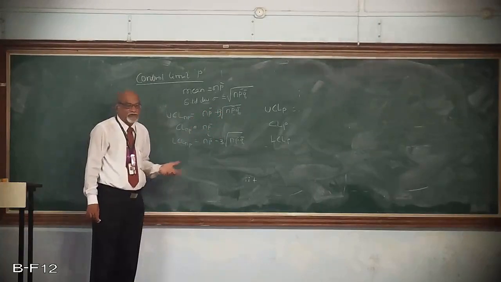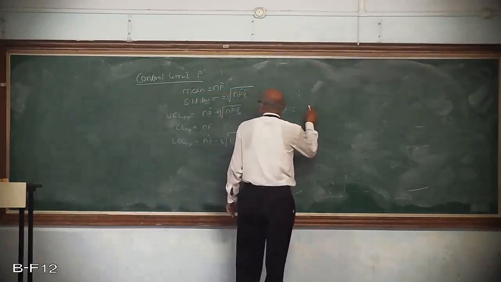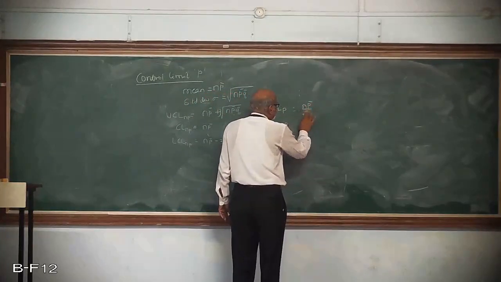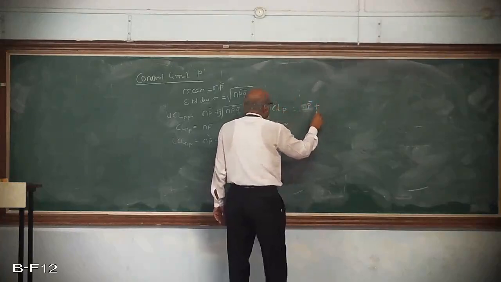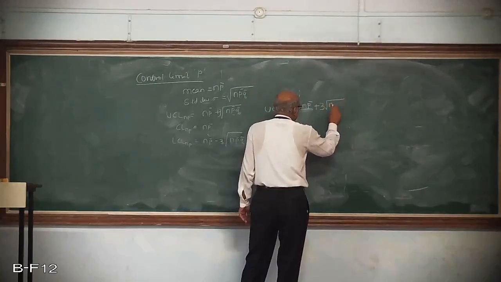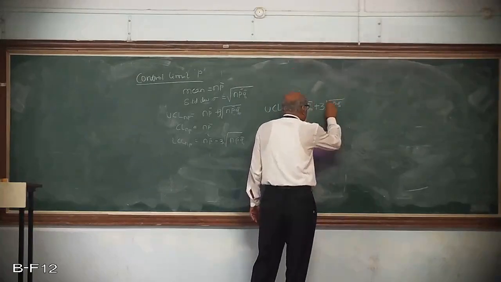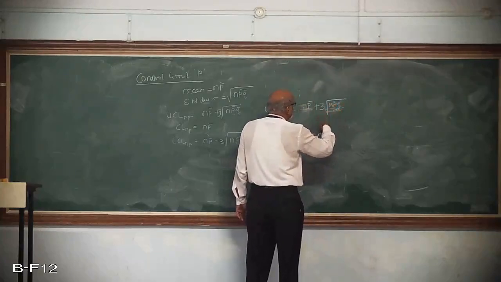Is it understood? Then if I divide by n, I get the upper control limit. The upper control limit is NP bar divided by n, so n gets cancelled and I am left with only P bar, plus, observe carefully here, 3 under root of NP bar Q bar divided by n. If I take it under the square root, it is divided by n square, so one n gets cancelled.